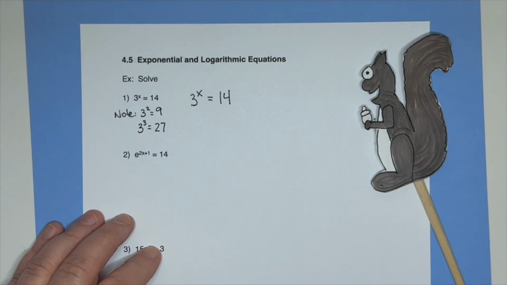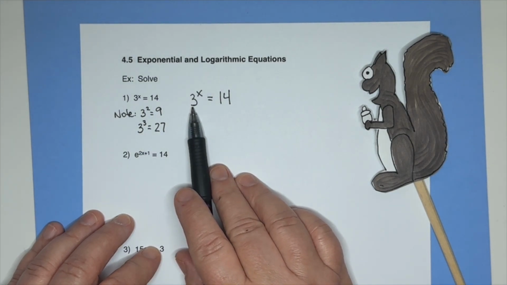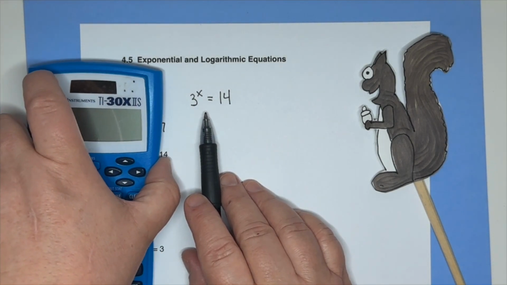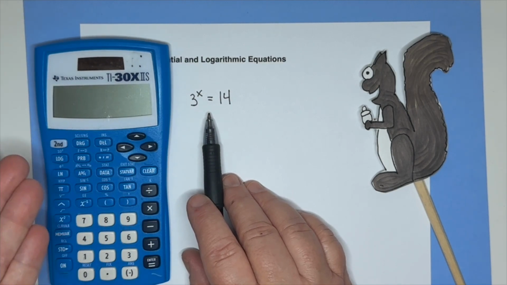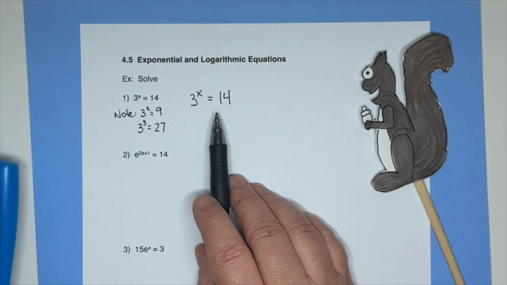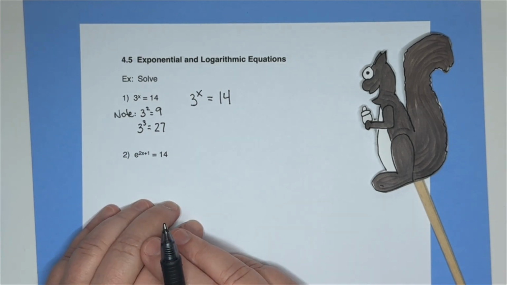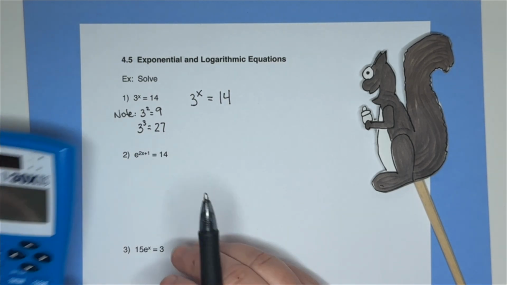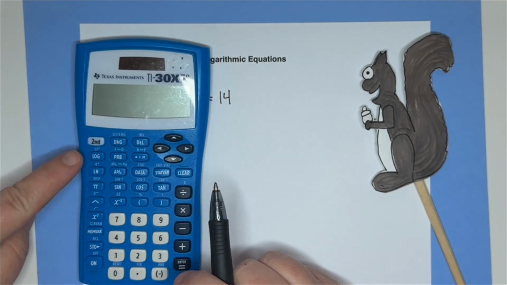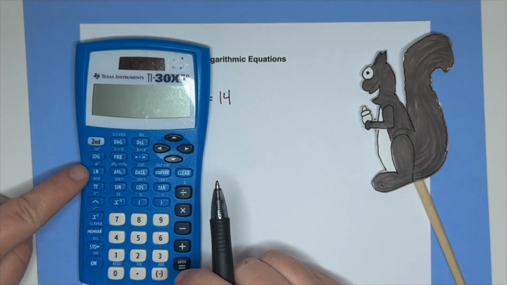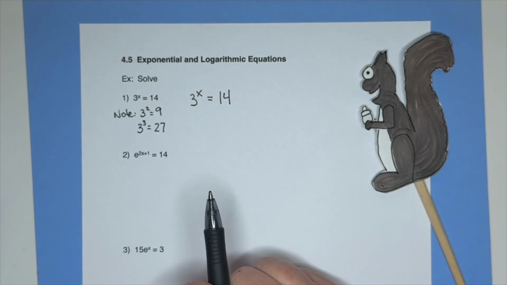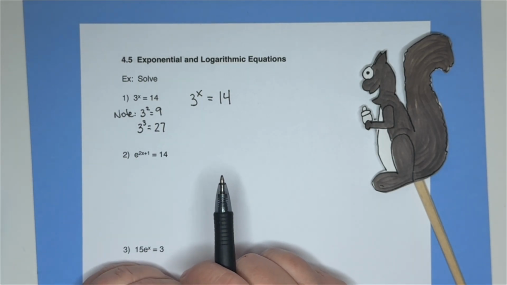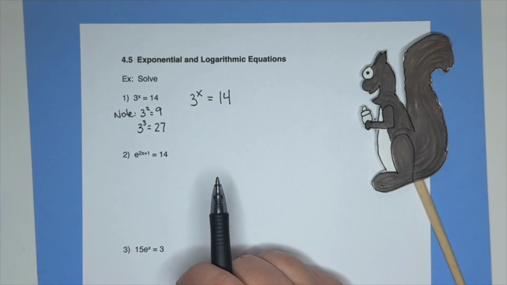That would be great, except that my base is 3, and if I have to use a calculator, I don't have a log base 3. So I'm going to choose either common log or natural log, because I've got common log right there and natural log right there, and they're going to help me calculate an approximate value.